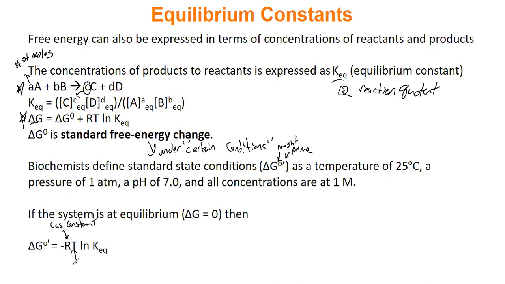T is temperature. This KEQ, again, is our equilibrium constant that is reaction dependent. Each reaction has its own value of KEQ. So there was about 2 to 3 weeks of Gen Chem 2 in about 5 minutes.